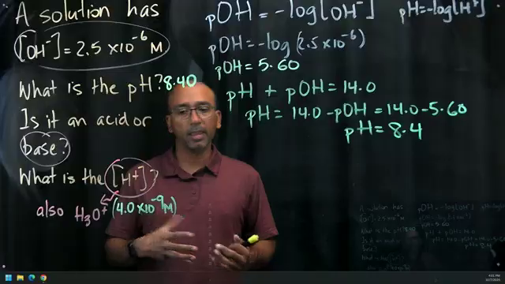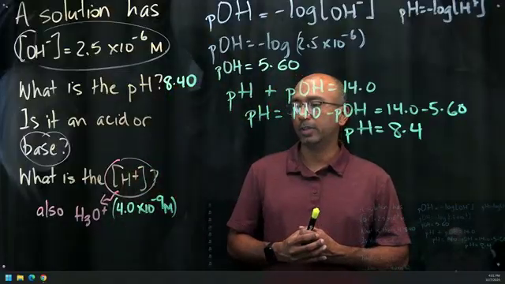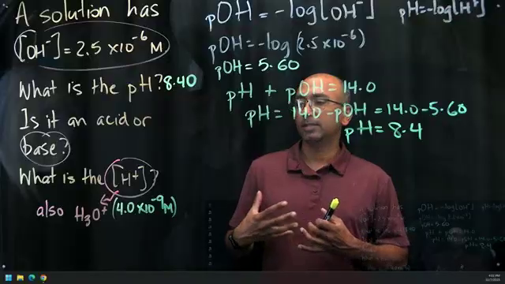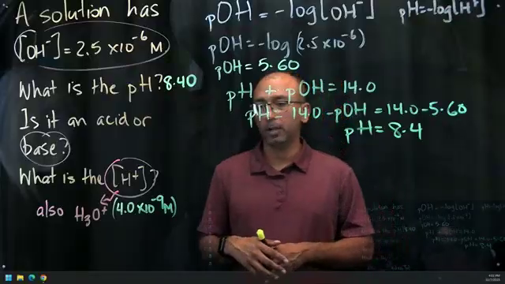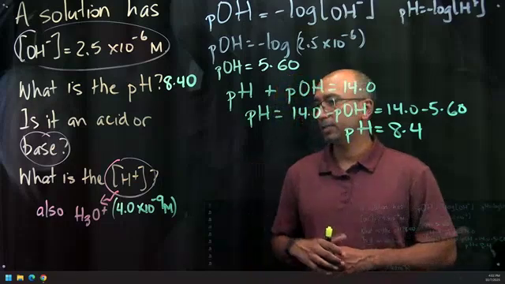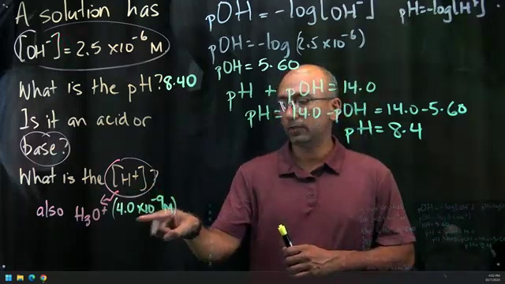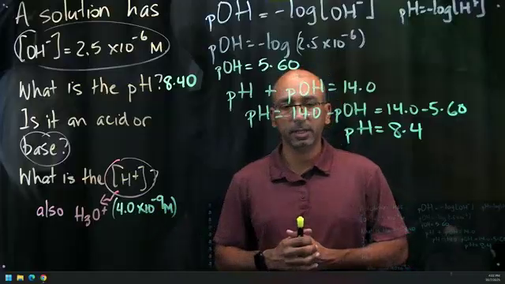Now, another thing here that you probably have seen when you've done a few of these is that you can look at several things during the course of a problem to help you determine that the answer itself makes sense. So for instance, we determined in the previous step what the H plus concentration was. It was 4.0 times 10 to the negative 9.